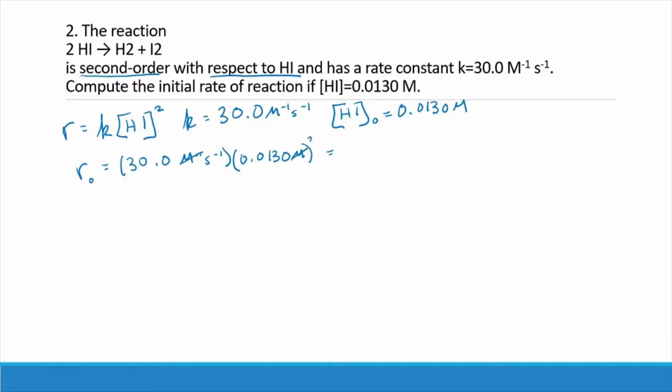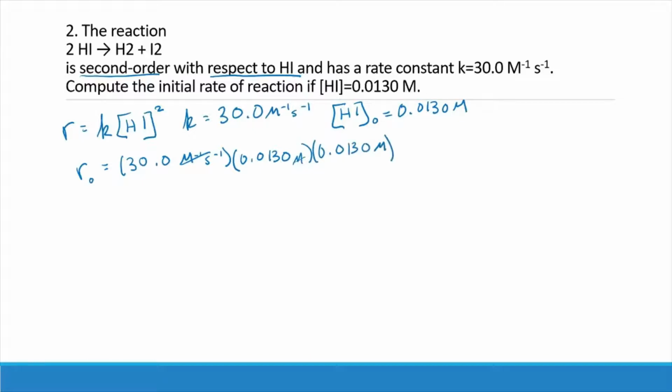Oops, I forgot to square that, sorry. So rewriting this, 0.0130 molar squared. Don't forget the square. So then this inverse molar will go away, and one of these molars goes away. So if I rewrite this now, we can just do it like this.